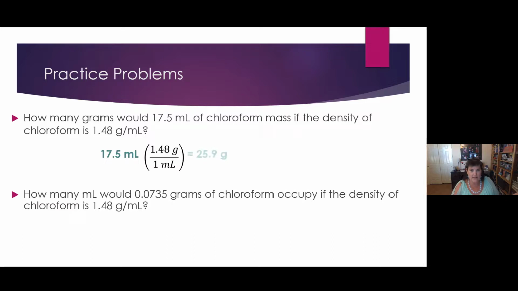So 3 sig figs, and the answer actually came out on the calculator with 3 sig figs. So 25.9 grams. Milliliters canceled. It's not grams per milliliter, it's just grams. We got our grams. All right, if you want to, try this second one on your own. Hit pause.